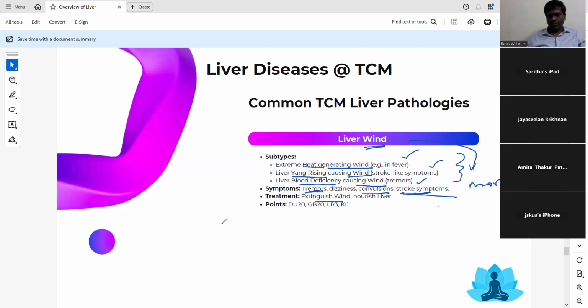Here we reduce the wind and strengthen the liver. So we will use liver 3, K1, GB20, especially in the case of convulsions, dizziness, stroke-related symptoms; we will use GB20.